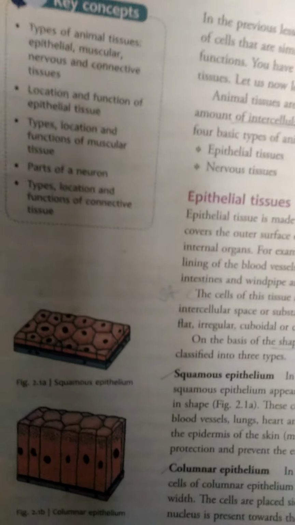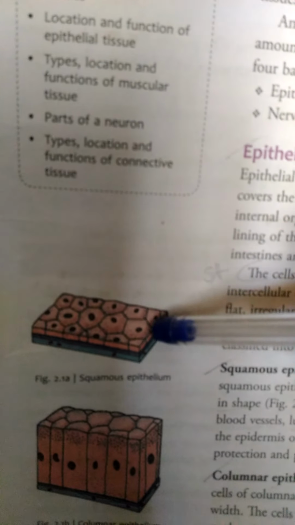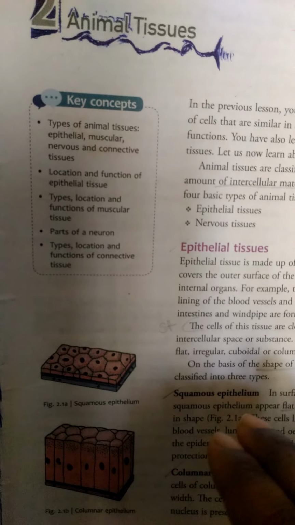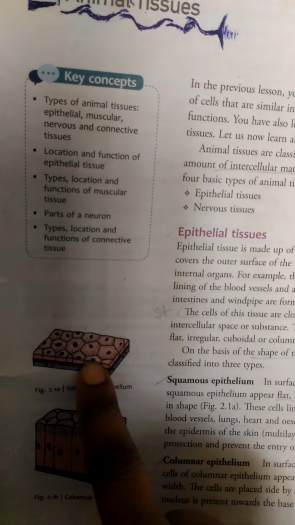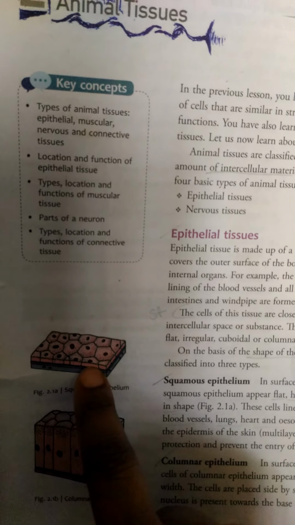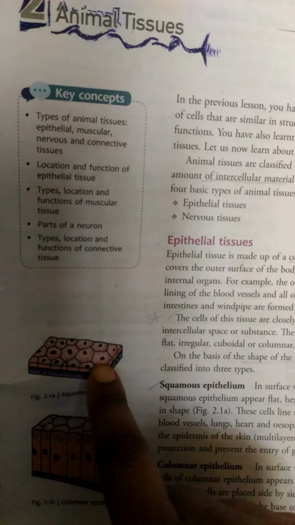Coming here to the structure of this squamous epithelium, you see here this part. Here, the cells are continuous. This epithelial tissue is a continuous layer of cells. You see the cells do not have any intercellular space between them. There is one large prominent nucleus in the center.